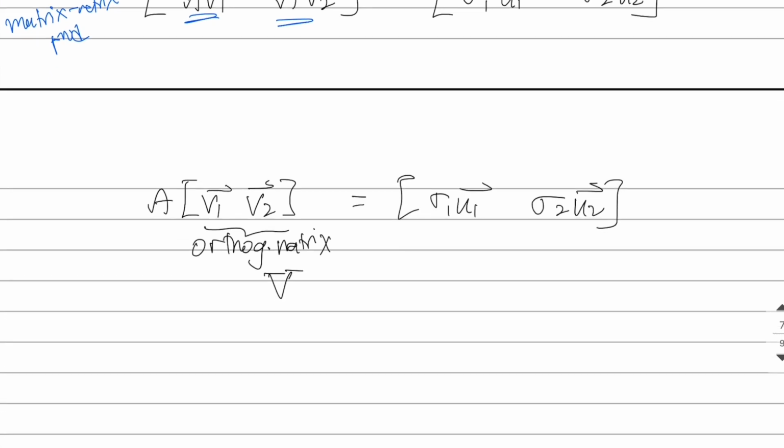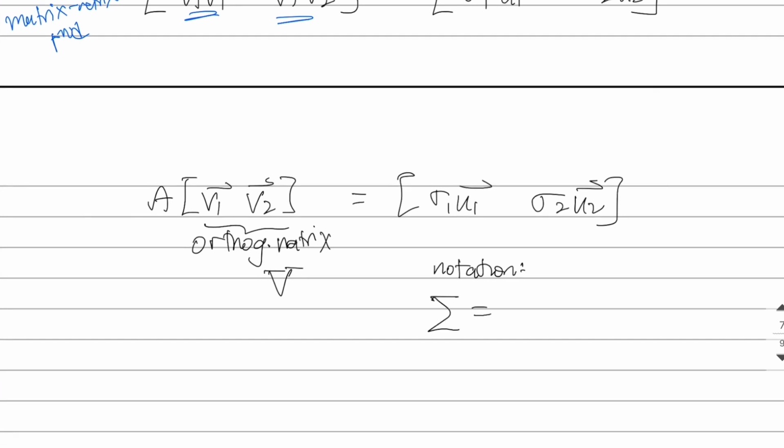So this expression here, we're going to come up with some notation. We're going to let capital sigma be this diagonal matrix that holds the singular values down the diagonal, and we're going to let this thing U star be the matrix that holds those orthonormal output vectors.